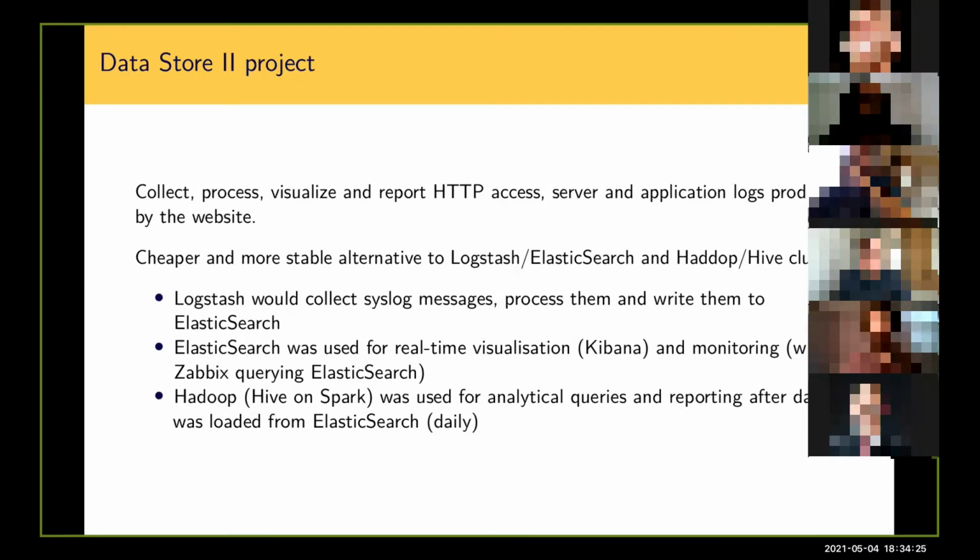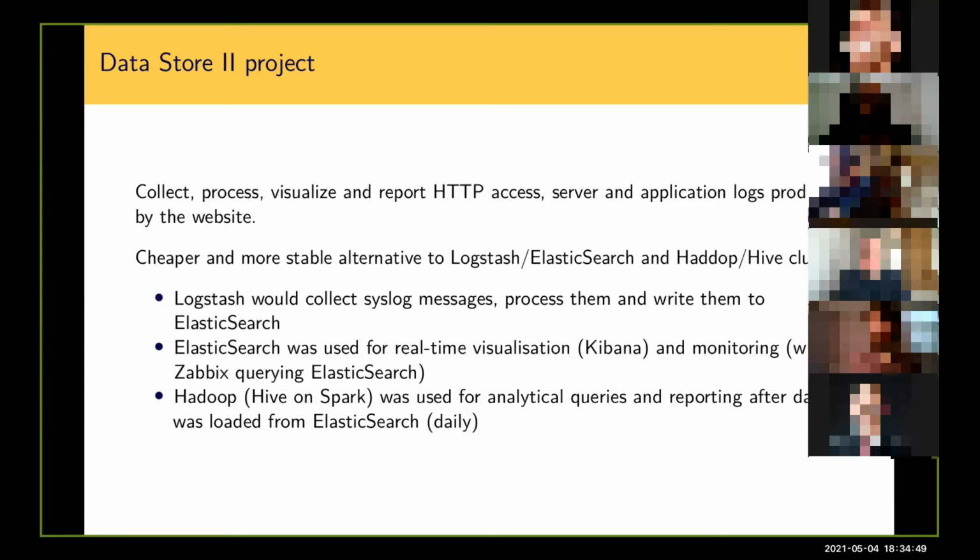So at work, I work for a website. So we collect a lot of access logs, server logs, and application logs, which are kind of important to keep the site going and well optimized. And for that, we used to use a combination of different technologies.